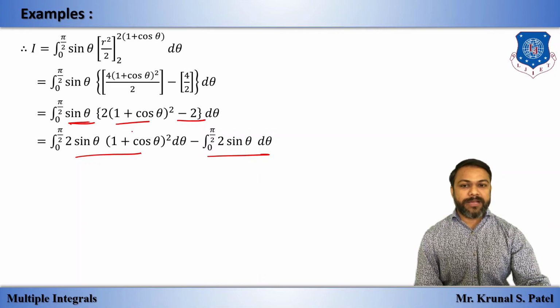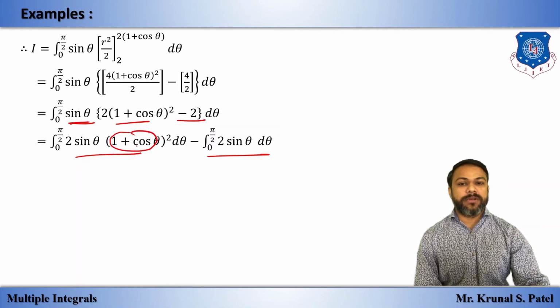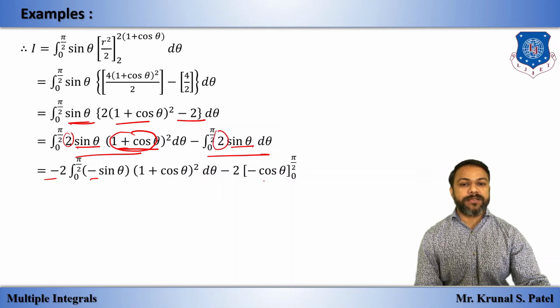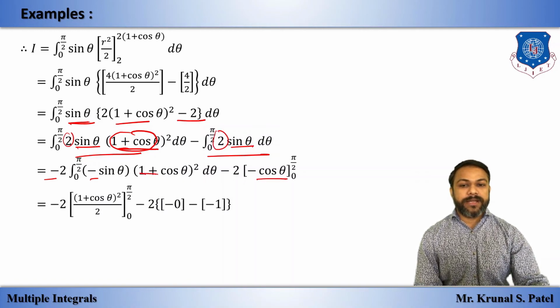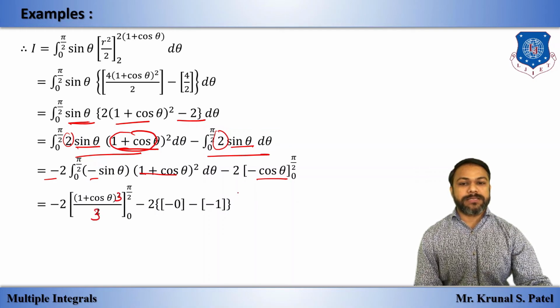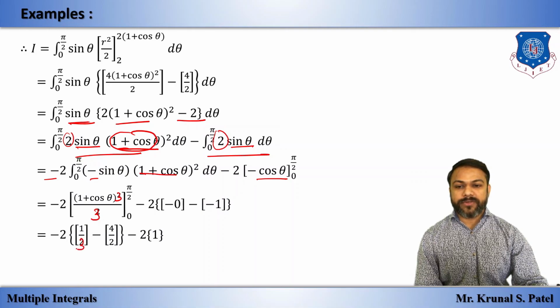Now, as I told, this is raised to a power, so the differentiation of this gives a minus sign, so multiply with minus, and the 2 outside. The integration of sin is minus cos. Now the integration of this is raised to the power, I made a mistake, so it is raised to 3 by 3, and this is as it is. So now we have 3 in the denominator of both.